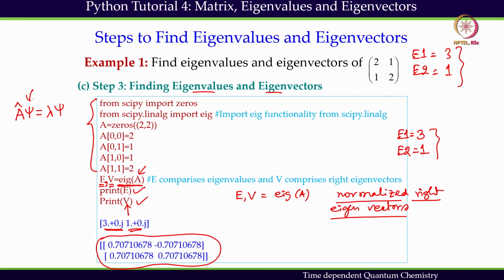So this is called the right eigenvector. Another expression I can have is where A is acting from the right. This can also give me an eigenvalue equation. When it does that, this is called the left eigenvector.